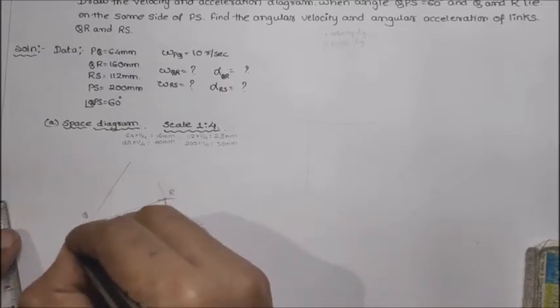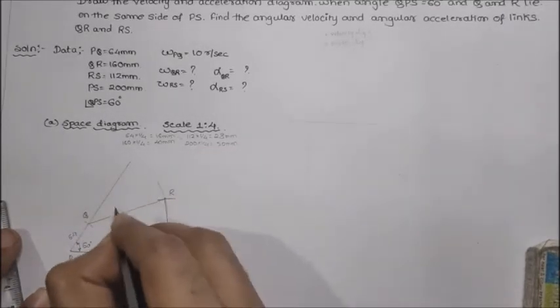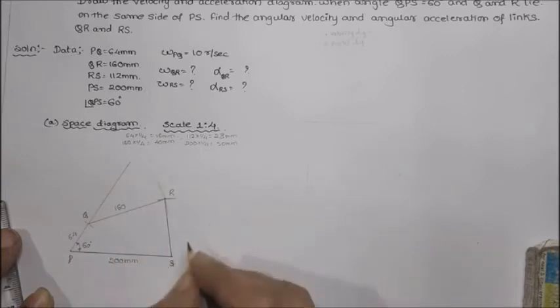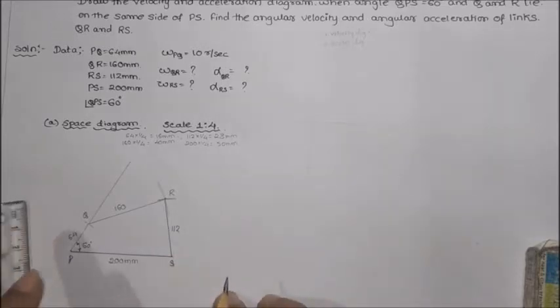PQ equal to 64, QR equal to 160, and RS equal to 112, all in mm. These are the things we have got.